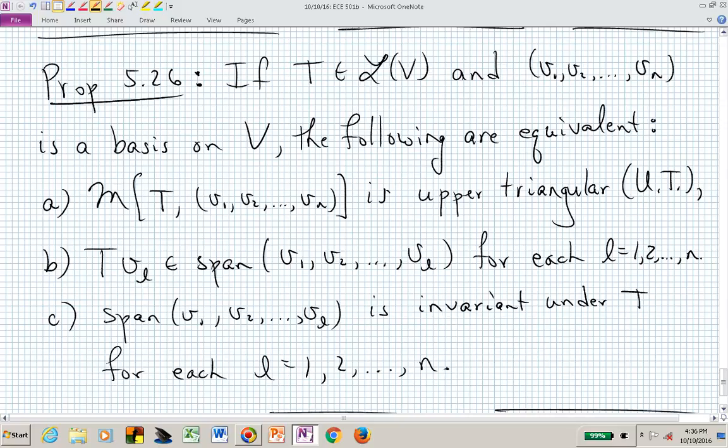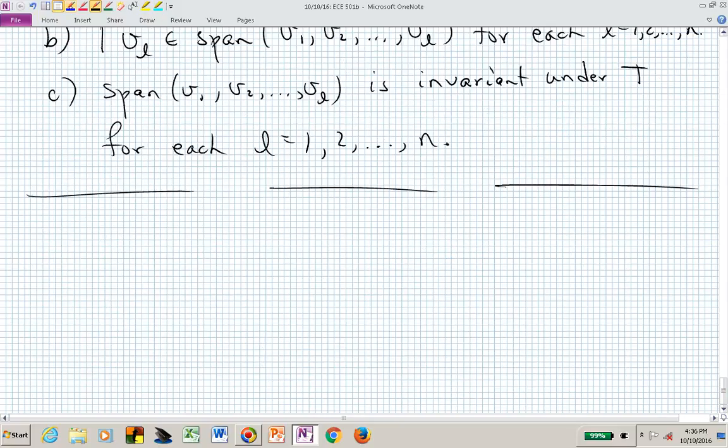Then we can get anywhere we want if you tell me that one is true, if they are equivalent. Here's our proof then. Let's start with part I of this proof, and that is to show the equivalence of A and B. So A implies B and B implies A.